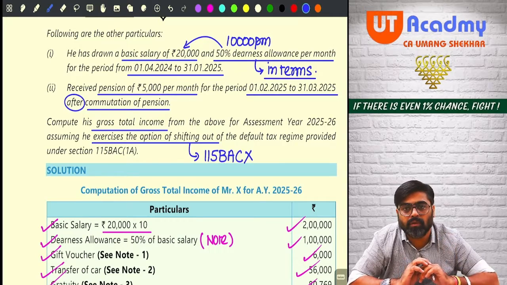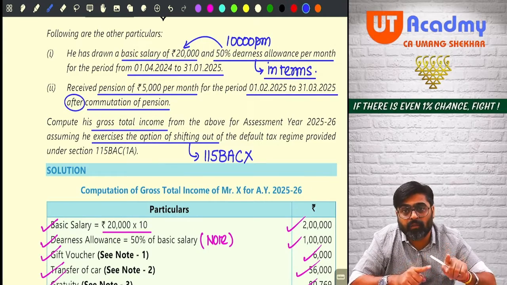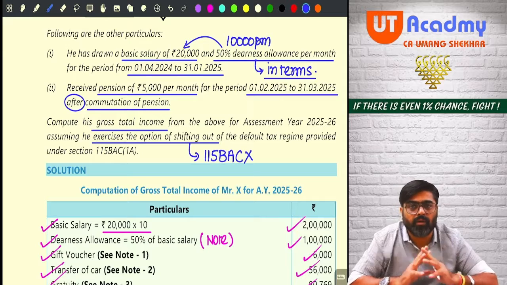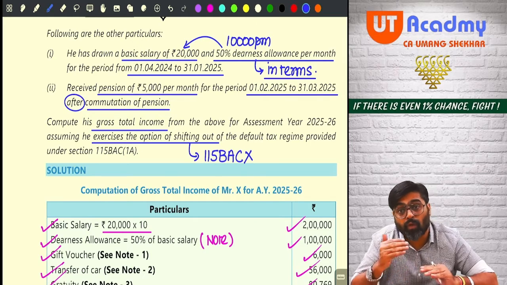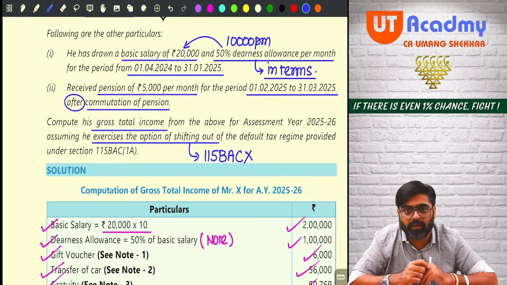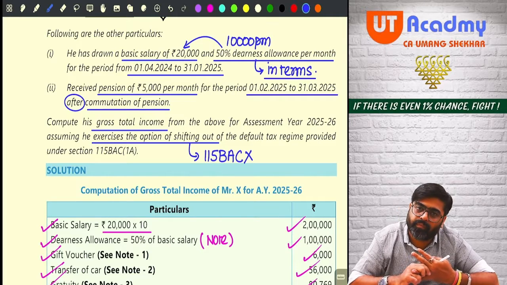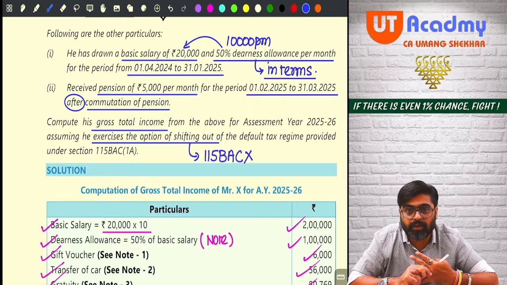Hence, it is a clear indication that the DA was given in terms of contract, forming part of salary to compute the retirement benefits.